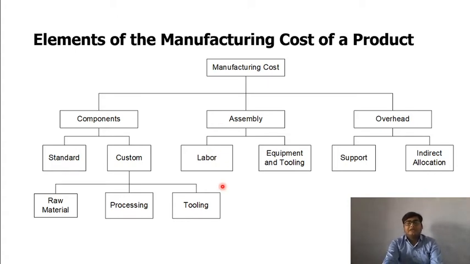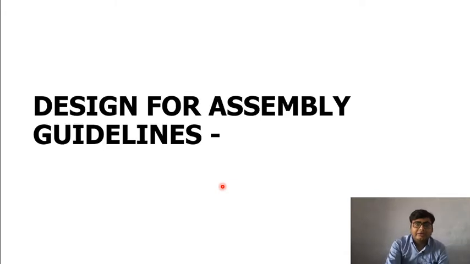changing our design, or how we can minimize our assembly cost while designing the product itself, and why we want to reduce our assembly cost, and why we want to consider assembly while designing the product. Because as we know, once the design is final, we cannot affect the cost very much.